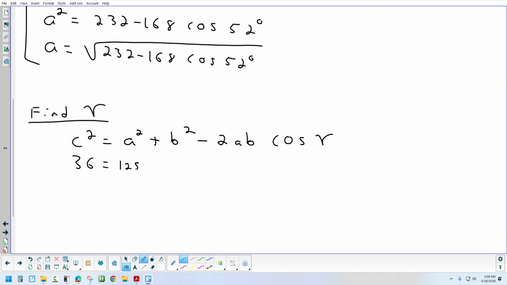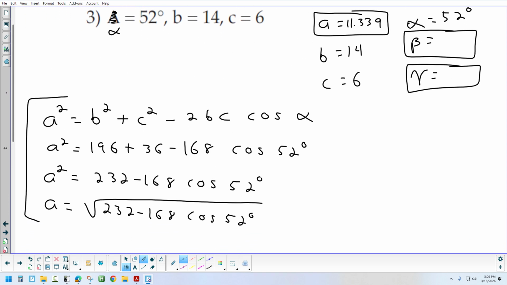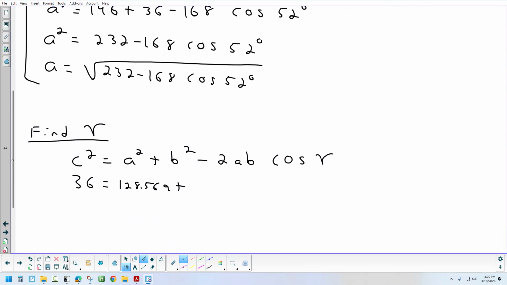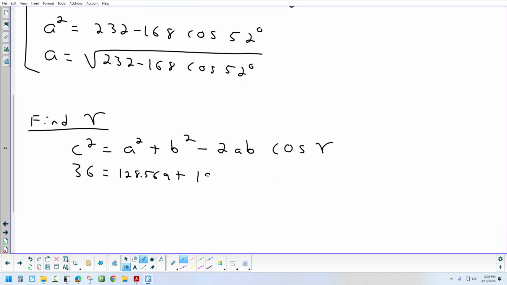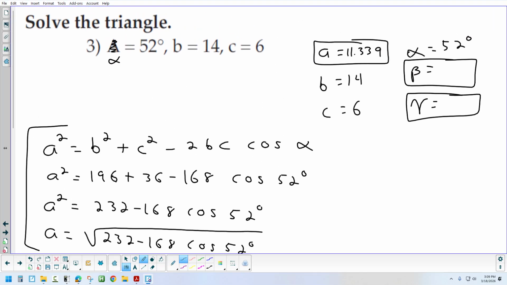We need B squared. Okay, we did that earlier. What was 14 times 14? 196, minus 2 times A times B. Well, 2 times B is 28.